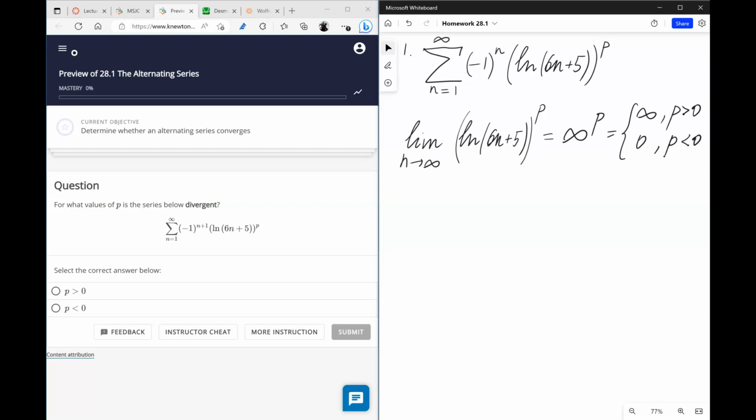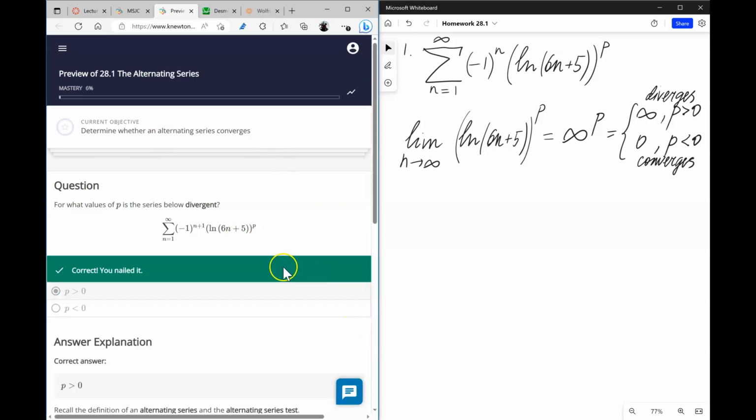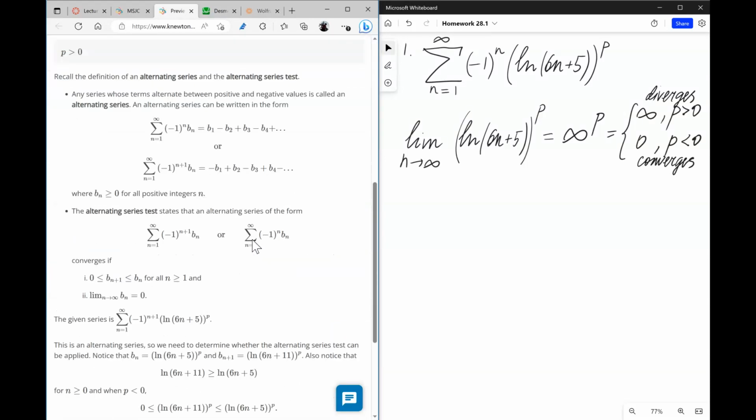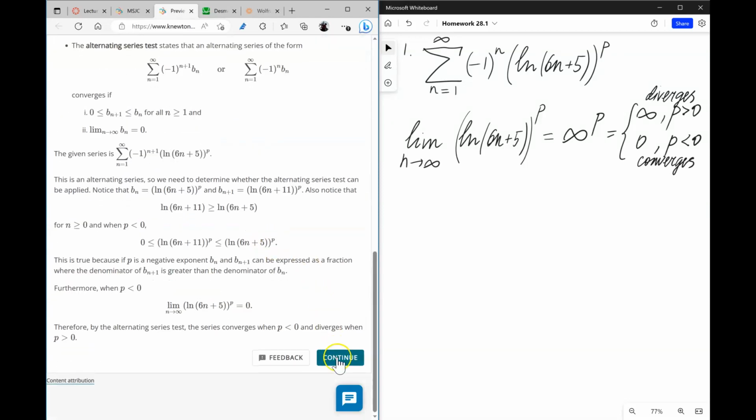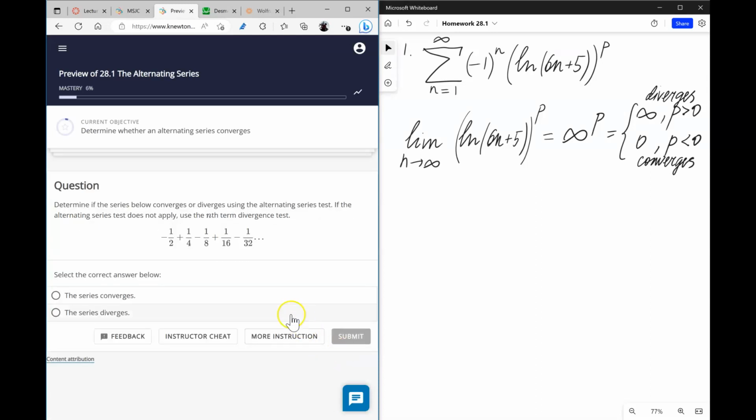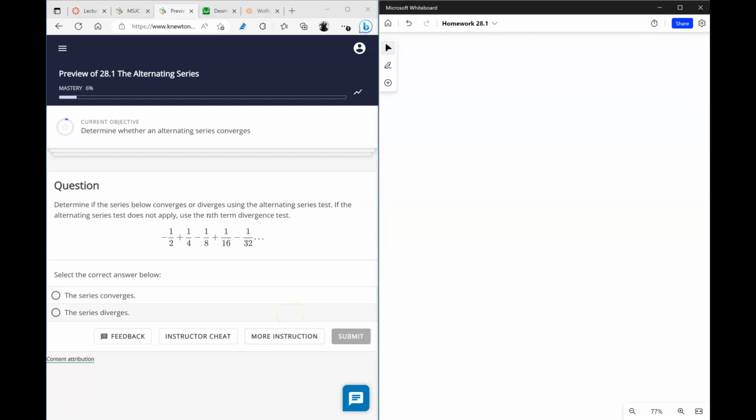So the series will be converging when p is less than 0 and diverging, according to the alternating series test, when p is greater than 0. So the answer here is that p must be greater than 0. But at the same time, when it's not equal to 0, it's like the divergence test. So those two are closely related when it comes to alternating series.